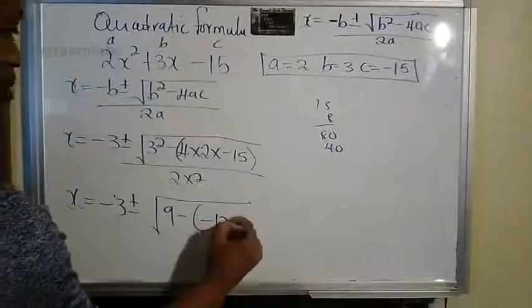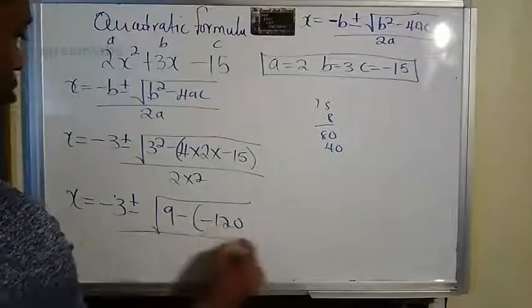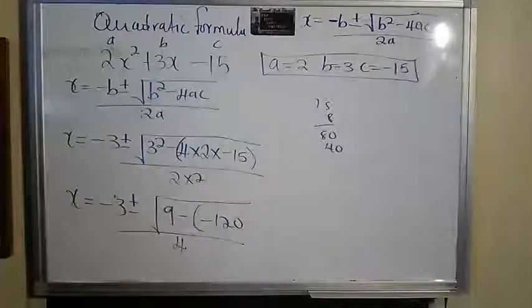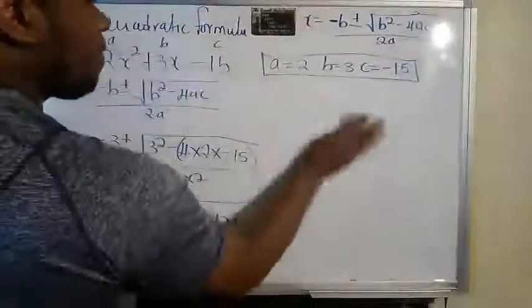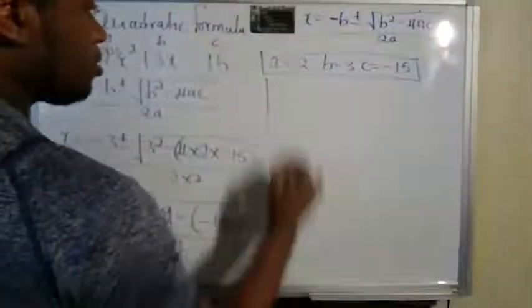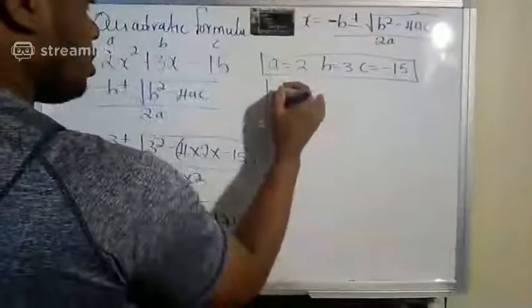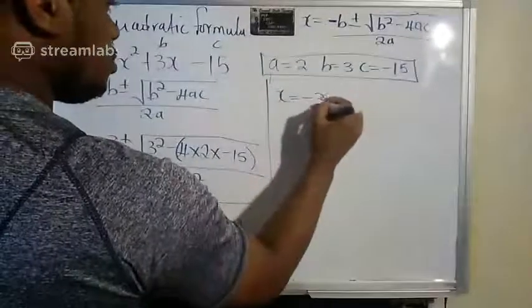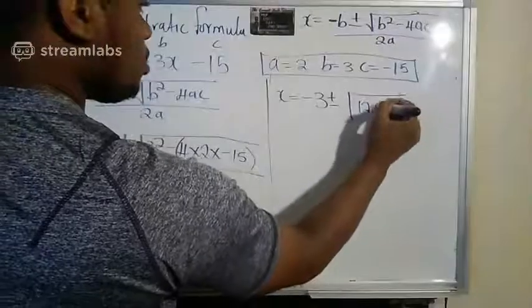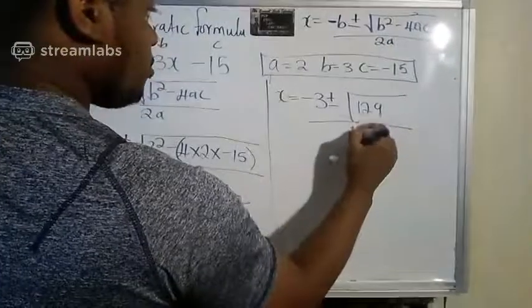So that's minus minus 120, all over 4. Add this to this, we get 129. Both of them are negative, so it will become plus. So x is equal to negative 3 plus or minus the square root of 129 divided by 4.